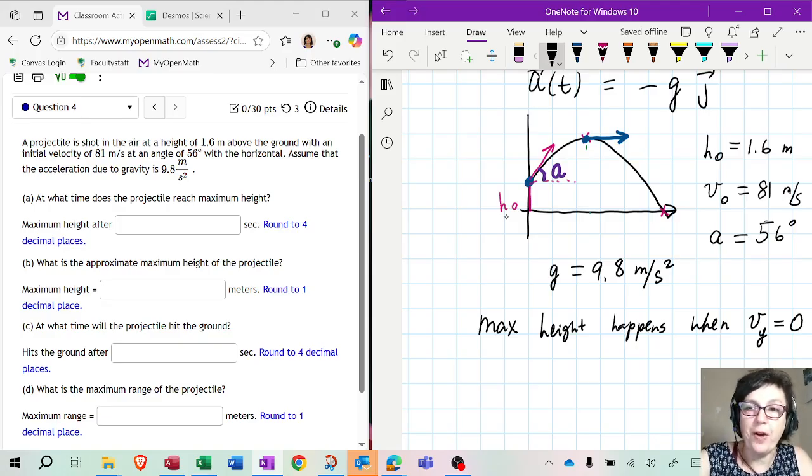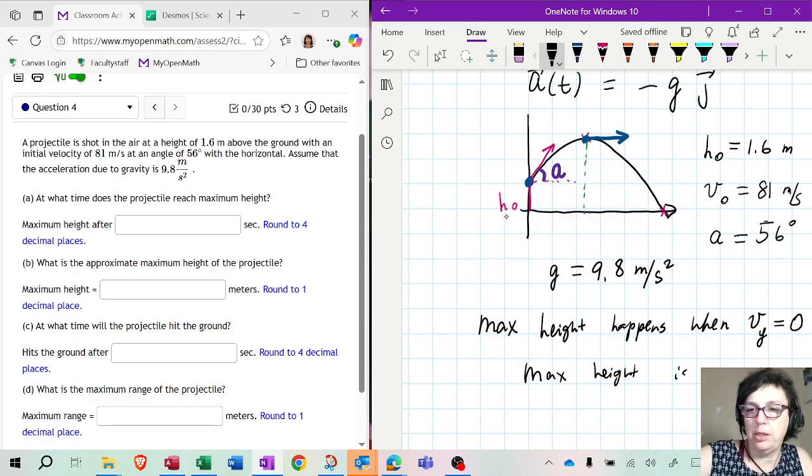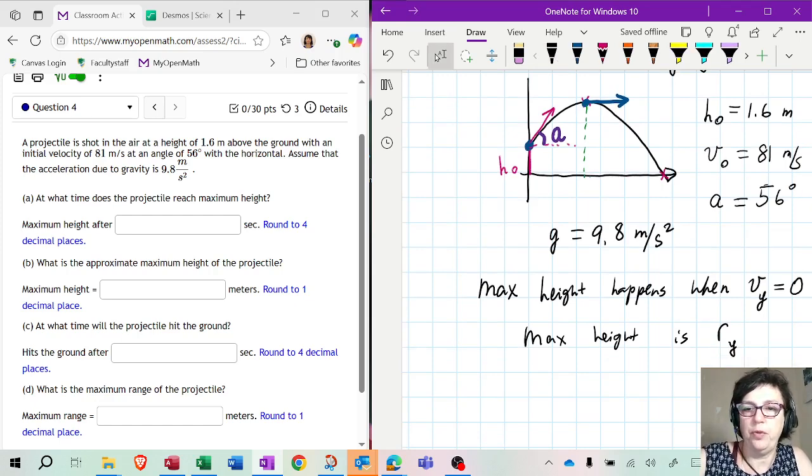And in order to find the maximum height, you would need to find the y coordinate of this point. So you will be plugging in the time when it reaches the maximum height into y. So maximum height is ry, the y component of the position. And then the other point of interest is going to be when it reaches the ground.